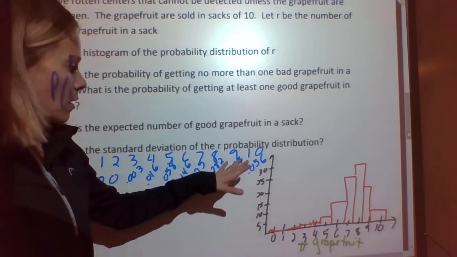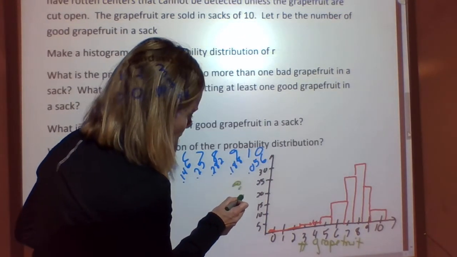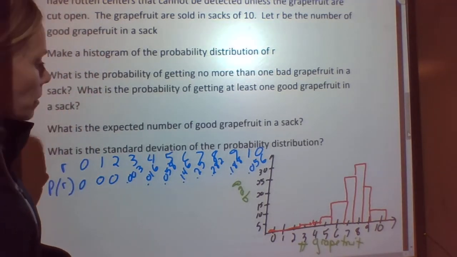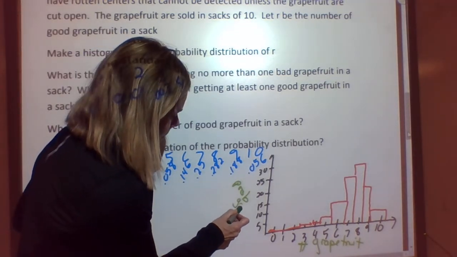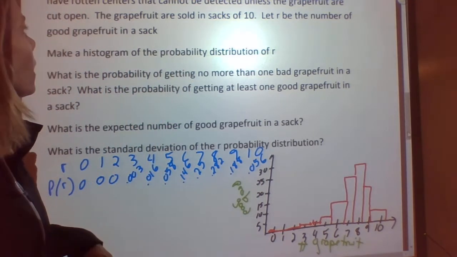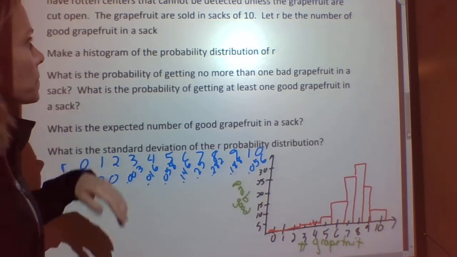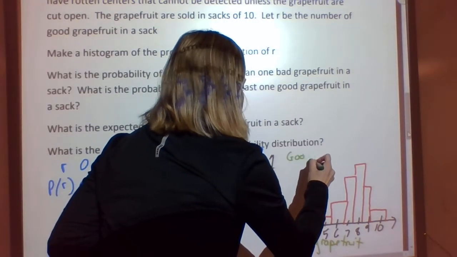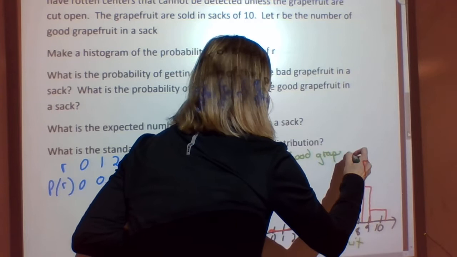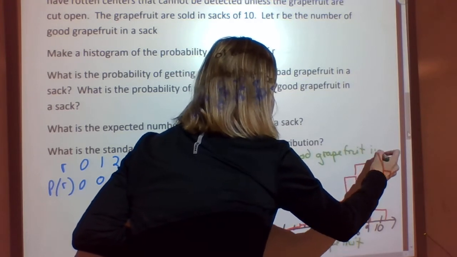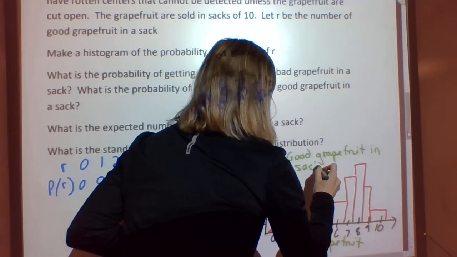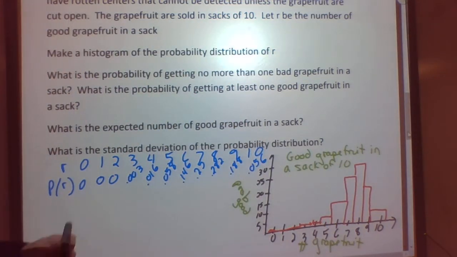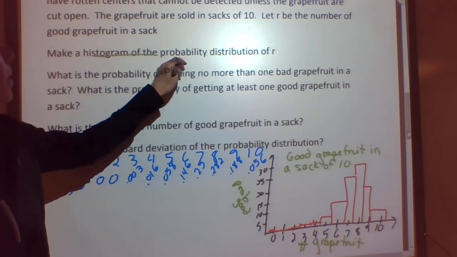And then the y-axis would be probability of good grapefruit. And then I would need a title. I would say good grapefruit in a sack of 10.